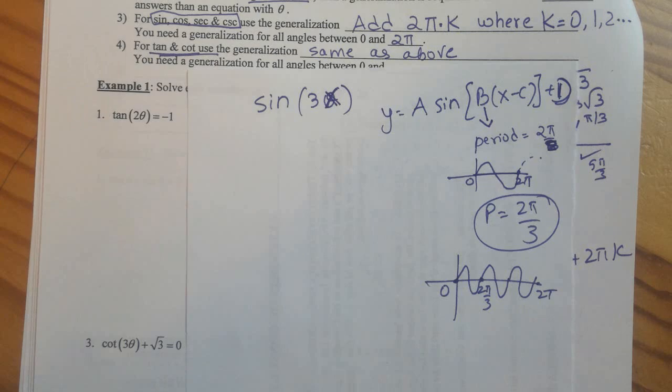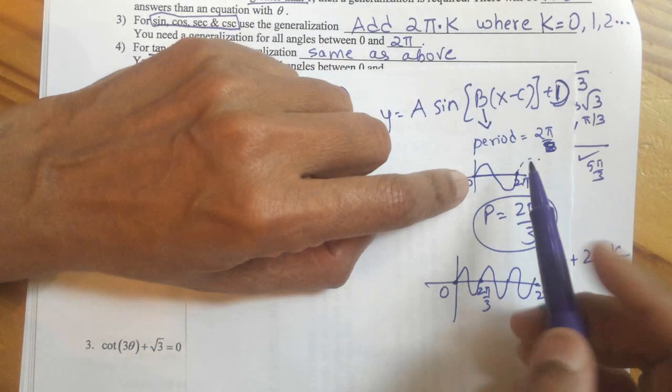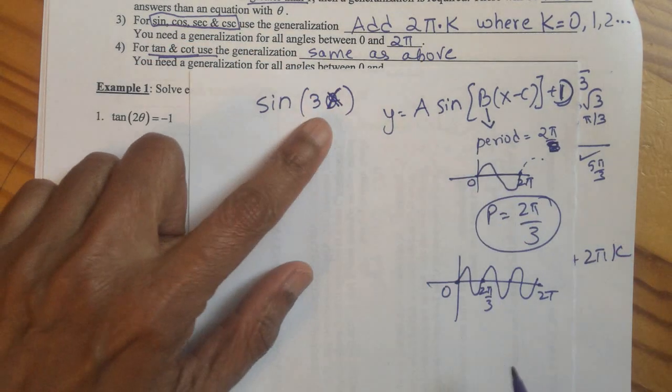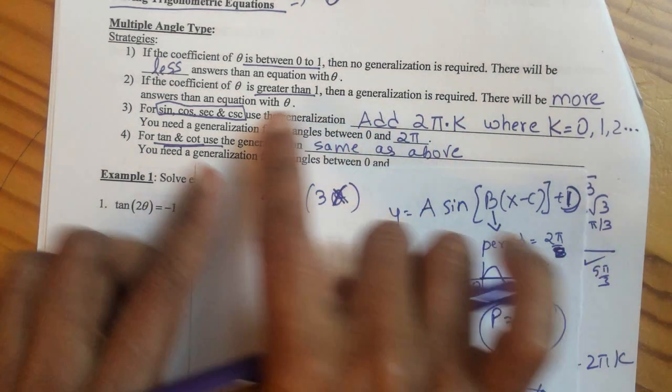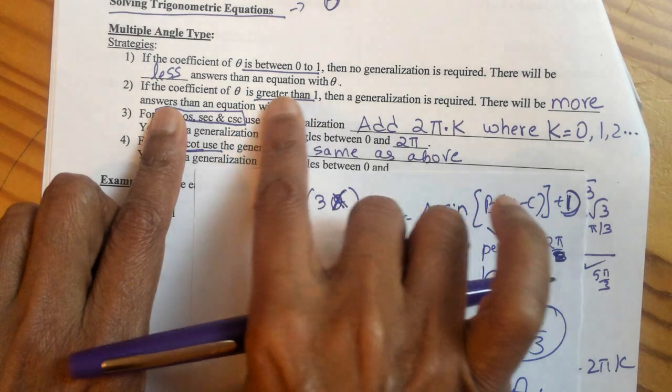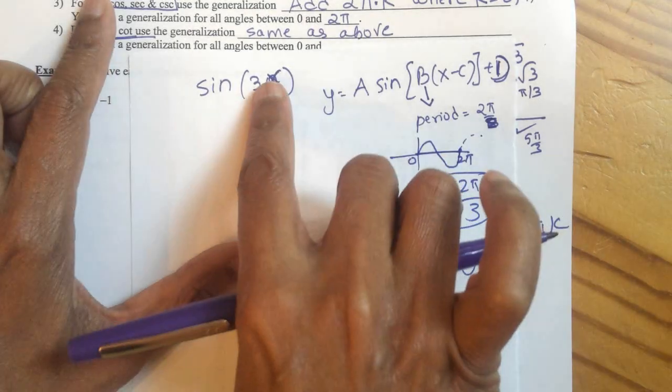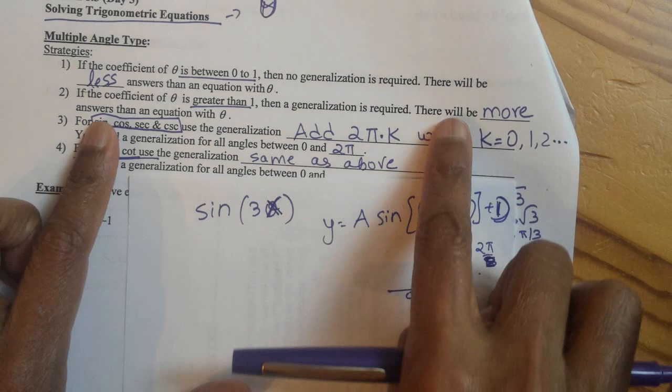So it's an important concept. So basically what you need to know is, when the coefficient of x is greater than 1, like in this case it's 3, there will be more solutions.